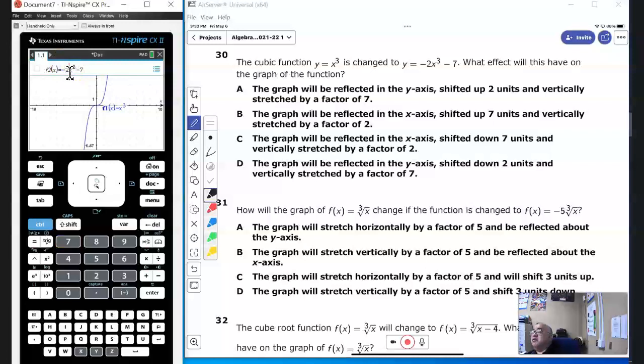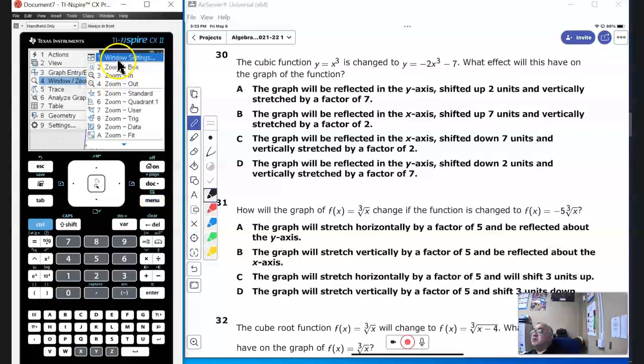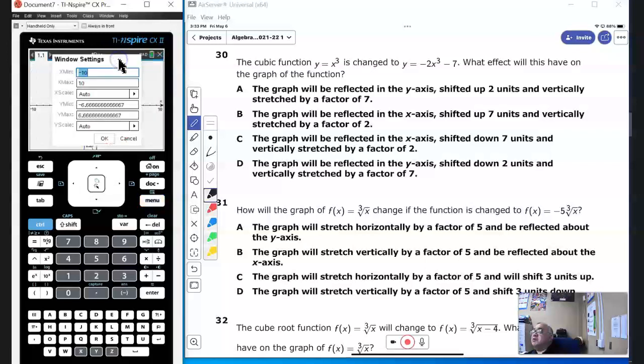The 2 is a vertical stretch, and the minus 7 is going to move it down. You can't see that, but if you go to the menu and you adjust the window, I'll say negative 20.